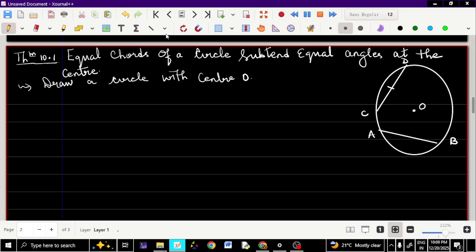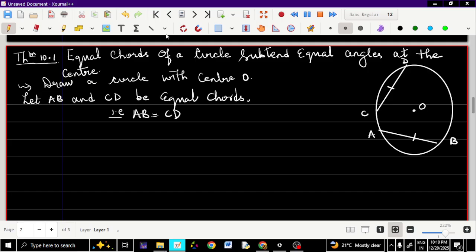So this chord is equal to this chord. Okay. So let AB and CD be equal chords of this circle. So it's given that AB is equal to CD.